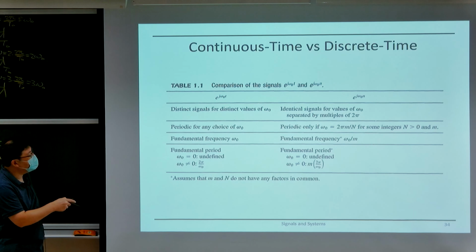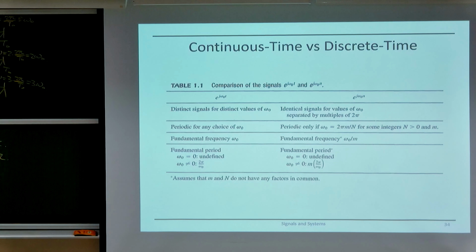Now, in the continuous time case, this signal is periodic for any choice of omega naught. But in the discrete time case, this is periodic only if omega naught is equal to 2 pi m over capital N, where both N and m are integers, meaning that m over N is rational.